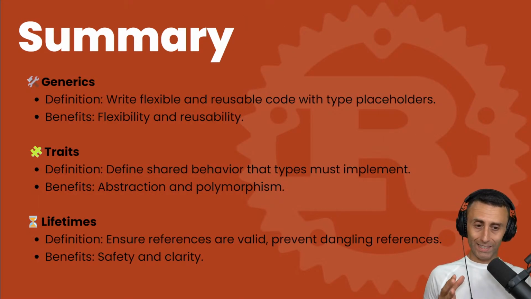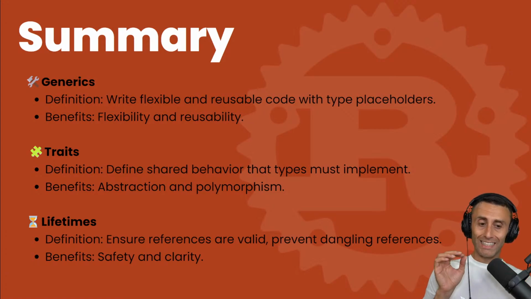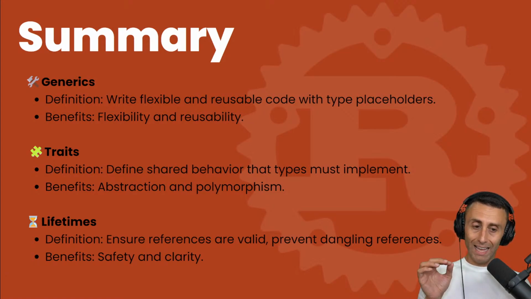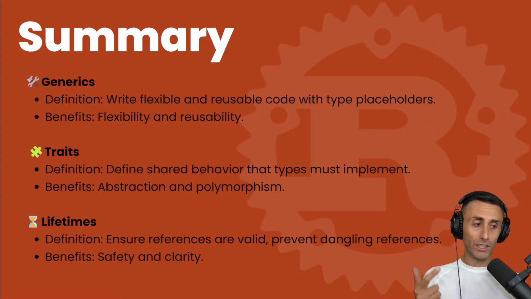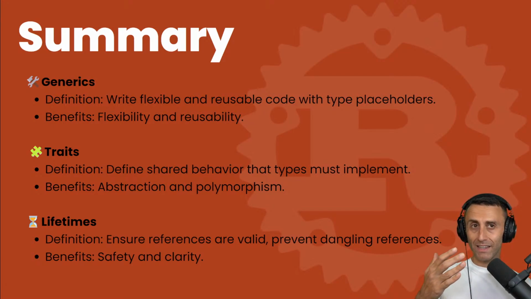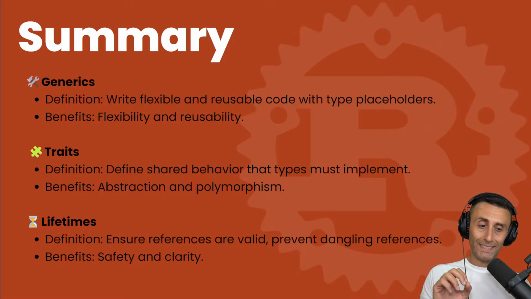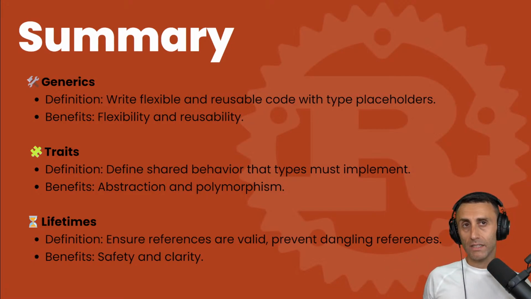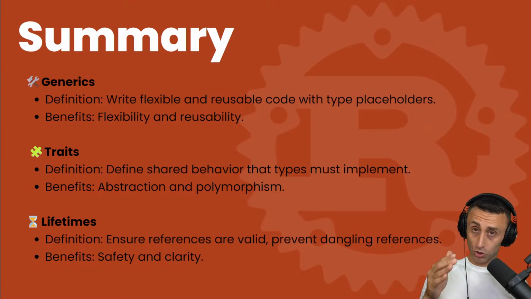Let's make a quick recap. Generics are used to write flexible and reusable code using a placeholder for the type. Usually it is T, it can also be K, V, for example, for hash maps, but the idea is that we want code that works for different types. In some cases, this can be very useful. Traits, you can read this as interfaces, even if they are not exactly the same. We will make a specific lesson about traits, no worries.